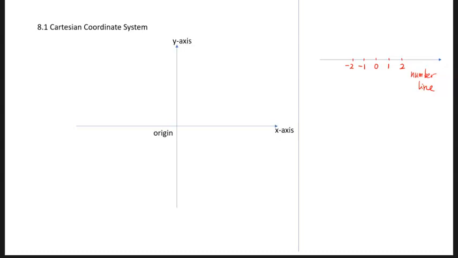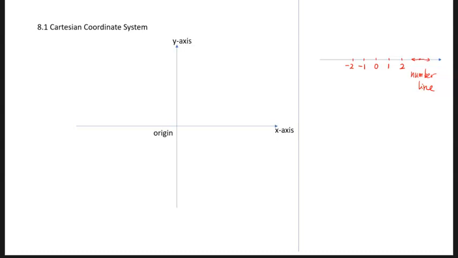But as we only have dimension 1, it can only describe two directions, either to the left or to the right. So the movement of any objects will be limited on this number line. But in real life, we actually live in a three-dimensional space.